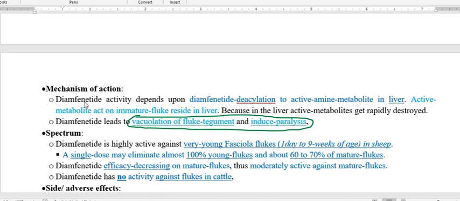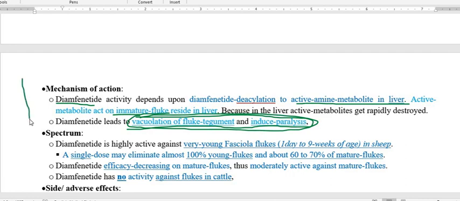Similarly, diamphenethide forms an active metabolite that we call the amine metabolite, which acts on the liver fluke, and this metabolite produces its activity against the immature flukes by producing vacuolation of the fluke tegument, meaning the fluke outer layer, and induces paralysis. So this is the mechanism of action of diamphenethide.